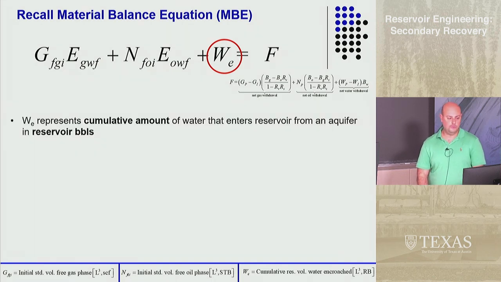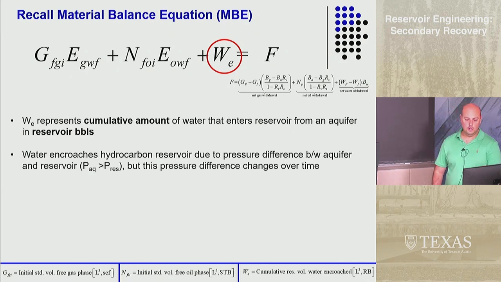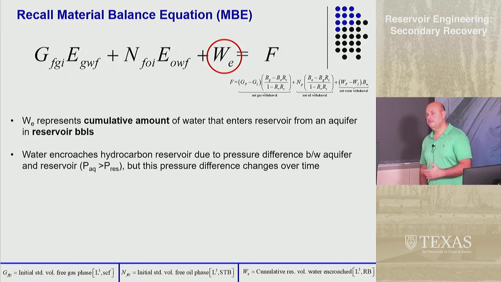And we haven't done much with that in the past. So it's the cumulative amount of water. It's measured in barrels. You can imagine that it's a function of time. Right? At early times, you've got nothing, and then more and more water encroaches, so that changes with time. And it encroaches because of the pressure difference. So anytime we think about the flow of fluids, think that fluids generally flow from high pressure to low pressure.